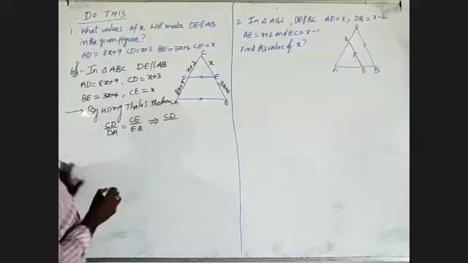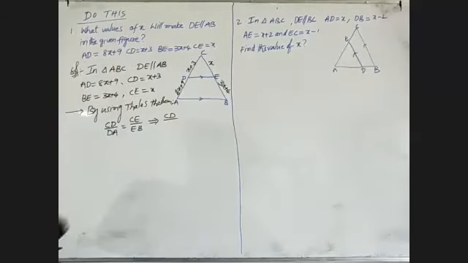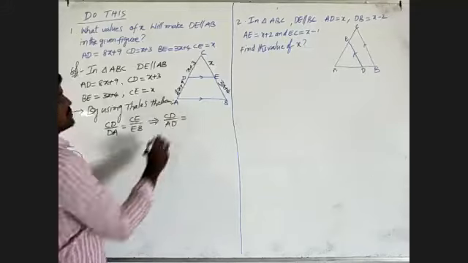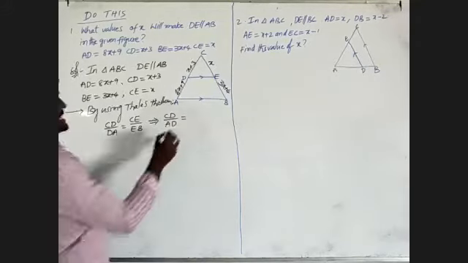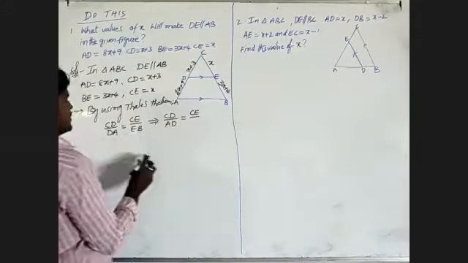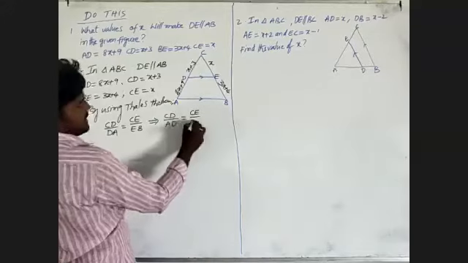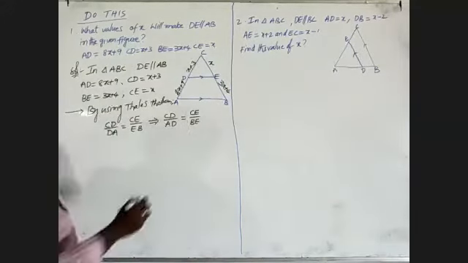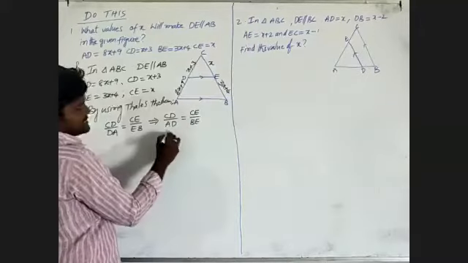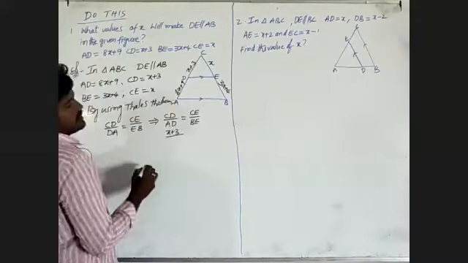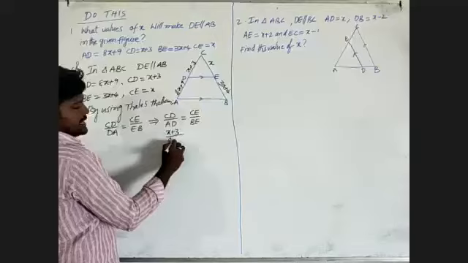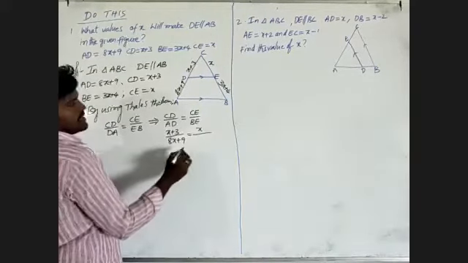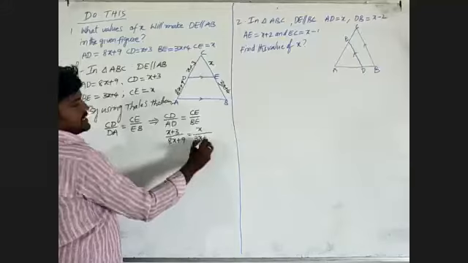CD by DA, that must be written as AD is equal to CE by EB. What about the length of CD? The distance between C and D is x plus 3, by A and D is 8x plus 9, is equal to C and E is x. After that, B and E is 3x plus 4.